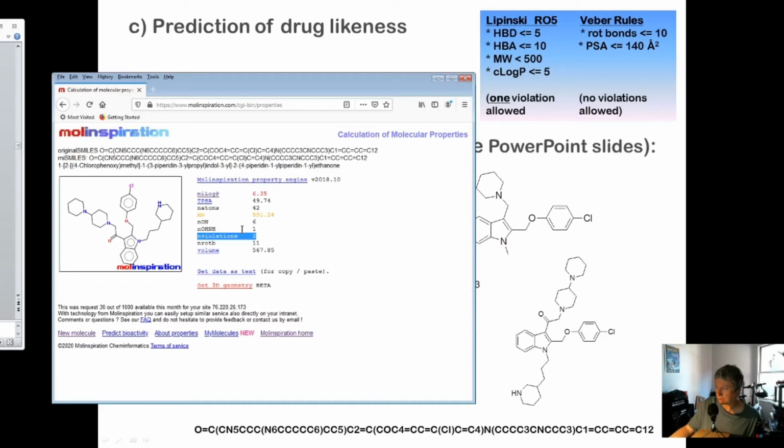And then let's look at the rotatable bonds. They say 11, which would be a violation. Let me calculate them myself. These are not, because they're not rotatable. So we have 1, 2, 3, 4, 5, 6, 7, 8, 9, 10, 11. So I actually do agree this time with the computer program.